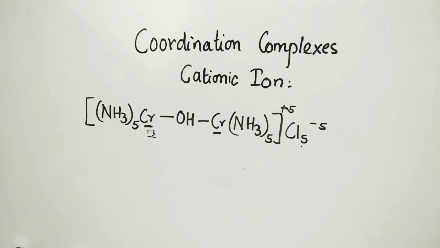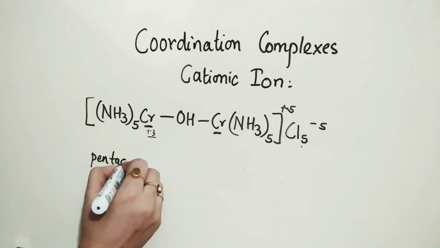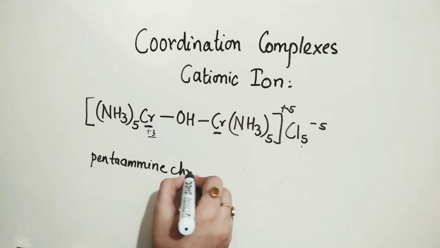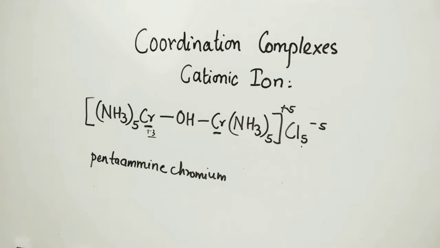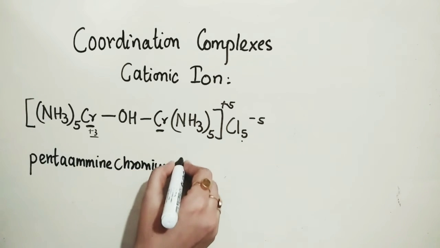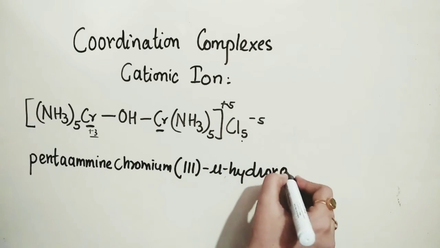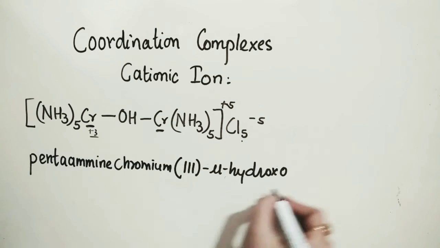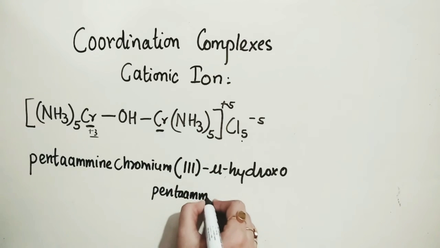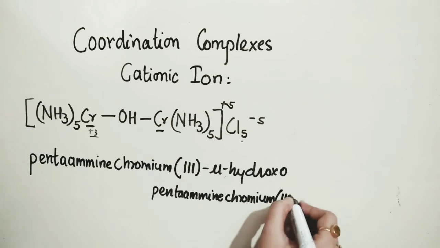So now we will write the name. We will start from one end, that is pentaammine, make sure it is double M, pentaammine chromium, oxidation state we have calculated as 3, mu hydroxo, again pentaammine, I am writing in continuation here, pentaammine, again chromium, oxidation state 3, chloride.